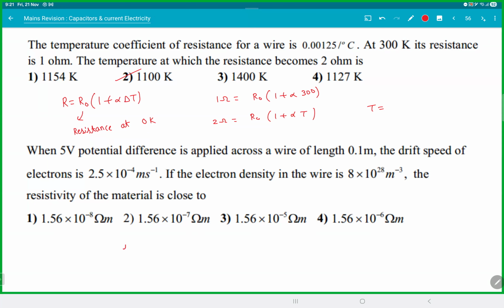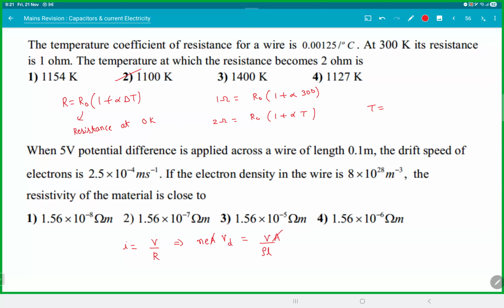So let's find the current. I is equal to V by R. And I is nothing but neAv drift. This is your voltage, and resistance is nothing but rho L by area. That area term will cancel.